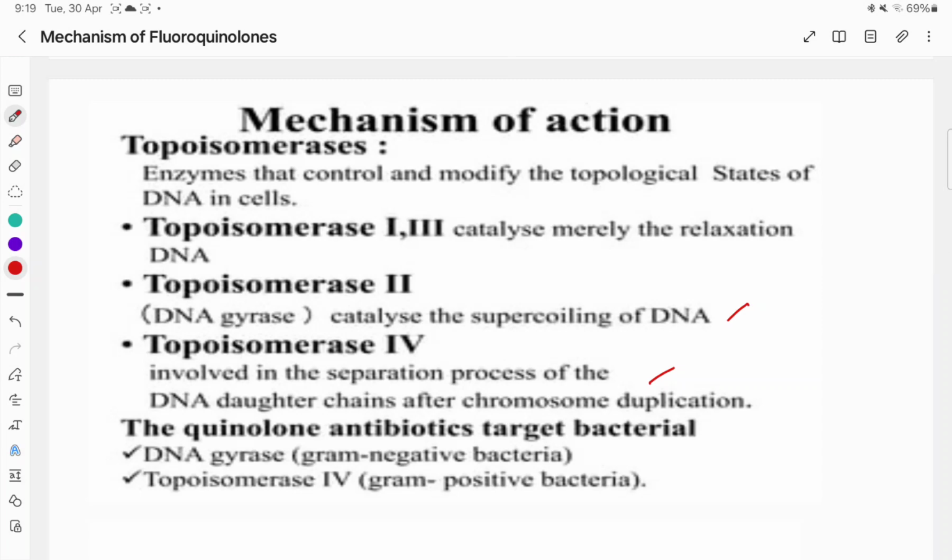In bacteria, two enzymes, DNA gyrase and topoisomerase 4, are present, and quinolones and fluoroquinolones inhibit these two enzymes. DNA gyrase in gram-negative, topoisomerase 4 in gram-positive.